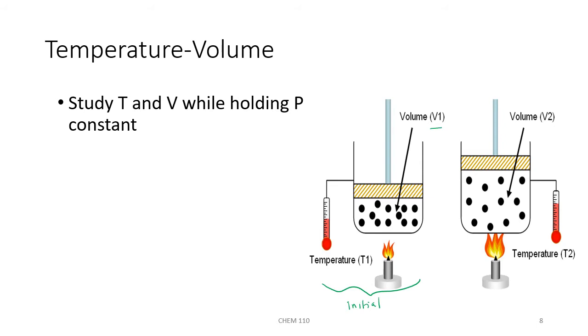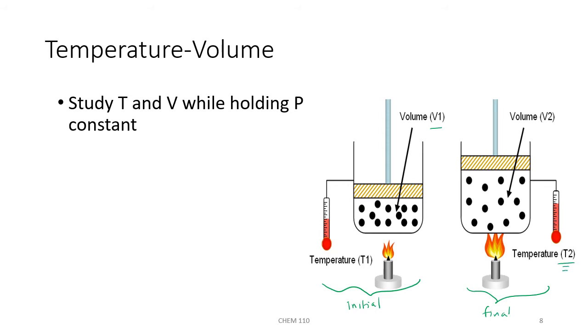The temperature is going to be reading the amount of kinetic energy of those gas particles, and the more or less kinetic energy that they have will cause more or fewer collisions when they hit the walls of the container. So imagine if we go to some final state, and now we're increasing the temperature.